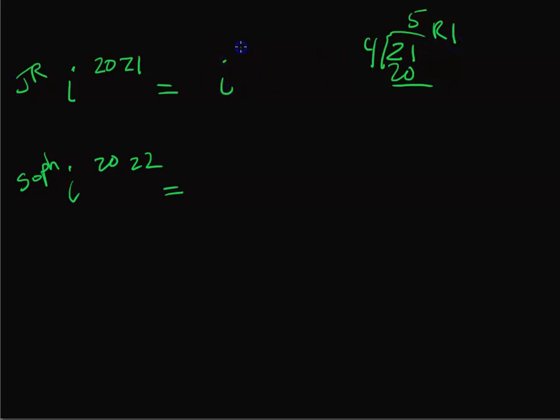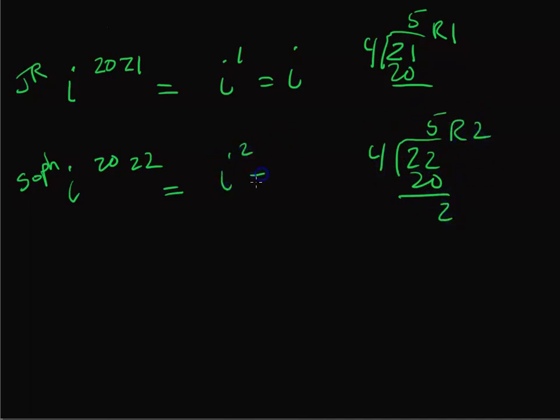This is i to the first, or i. Take the 22, divide by 4. 5 times 4 is 20, remainder 2. This is i squared, or negative 1. Those are your final answers for those types of problems.